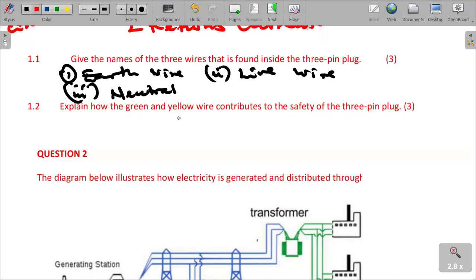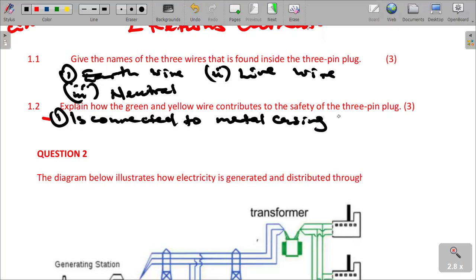We already mentioned that. So one, what we need to understand is that the earth wire is connected to the metal casing of the appliance.